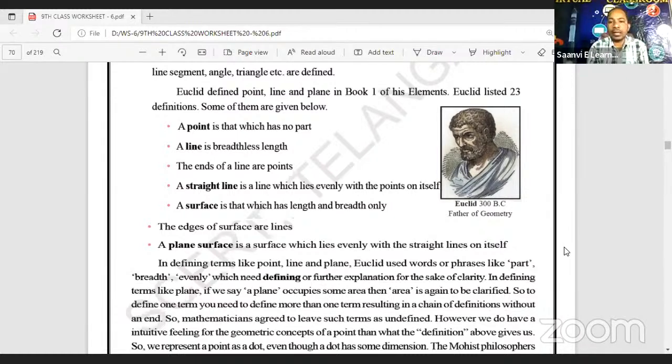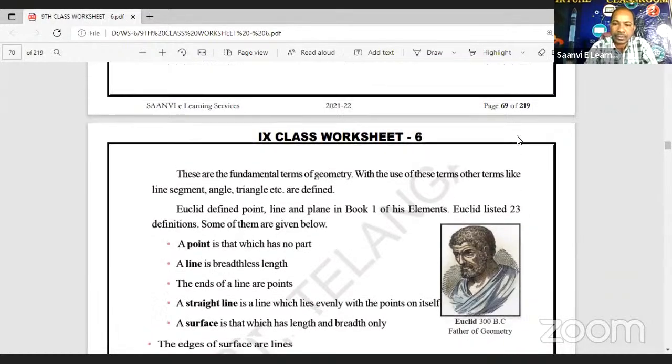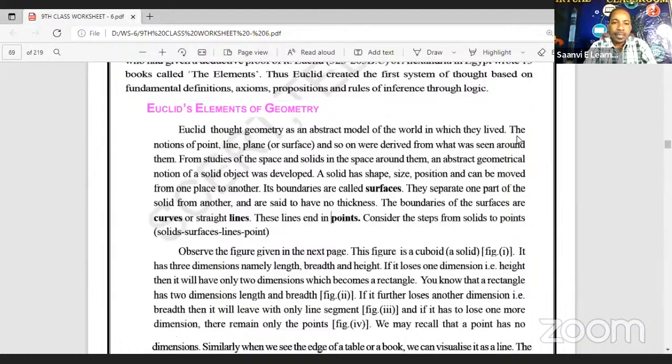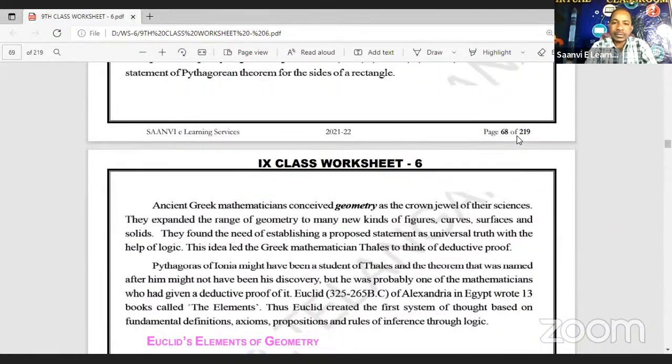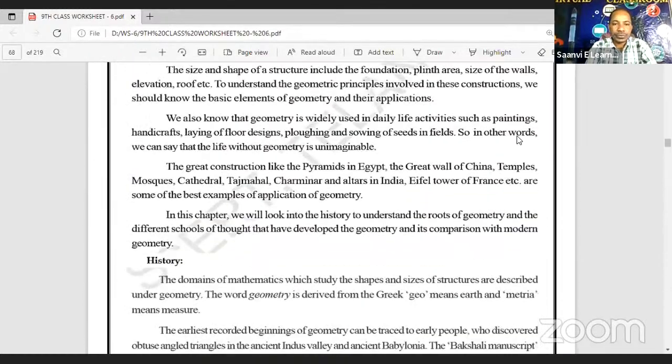So we call him the father of geometry. Who is the father of geometry? Euclid. Euclid is the father of geometry. So first of all, he introduced the geometry concept in mathematics, so we call him the father of geometry.